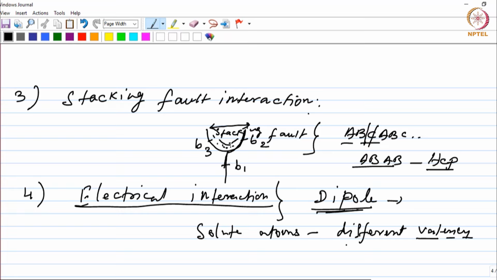As I said, the positive charge will be attracted to the negative end of this and vice versa, and that is how the solute atoms will again get attracted to the dislocation core and will restrict their movement, right?